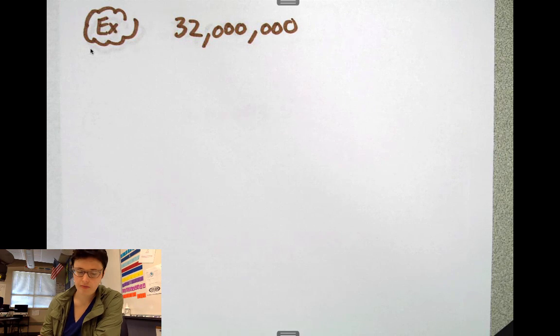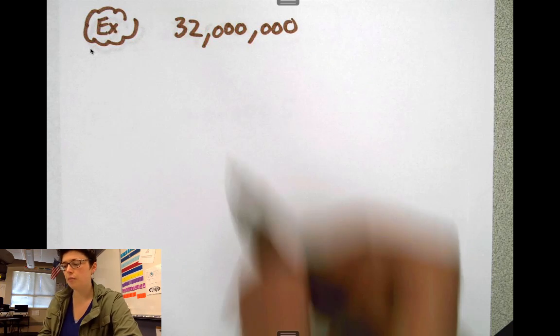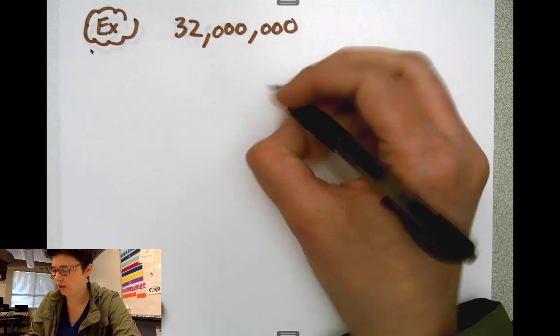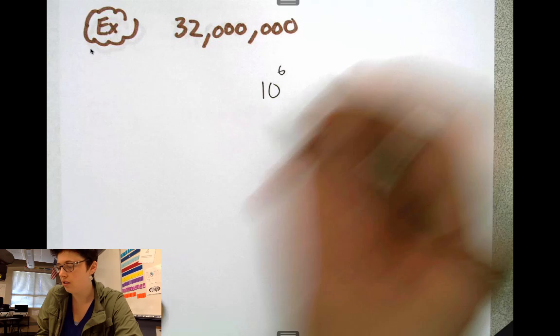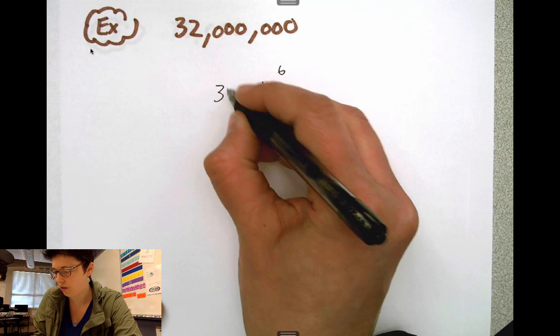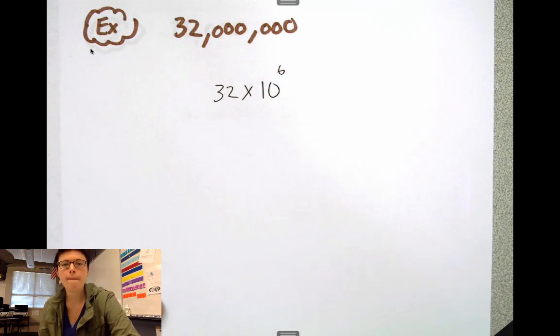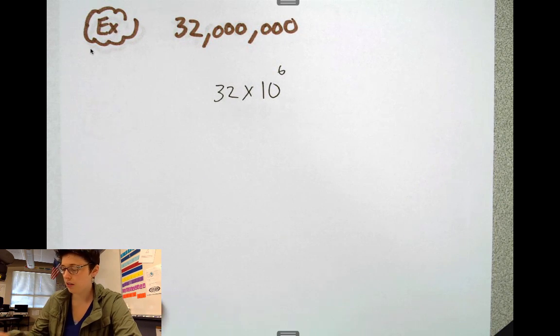Okay, so hopefully you've unpaused the video, and if you've done what we've done in the last few examples, you probably counted the zeros and said, oh, it looks like 6 zeros, so 10 to the 6th power. And since it's 32, you probably did 32 times 10 to the 6th power. But here's the thing. If it's 32 times 10 to the 6th power, I can do something extra to this.